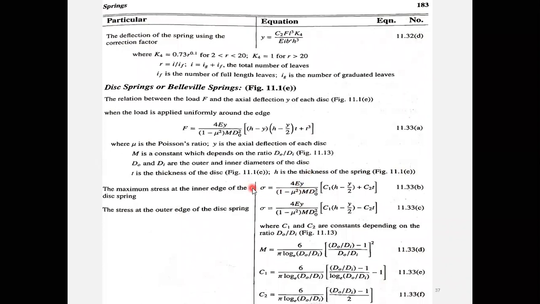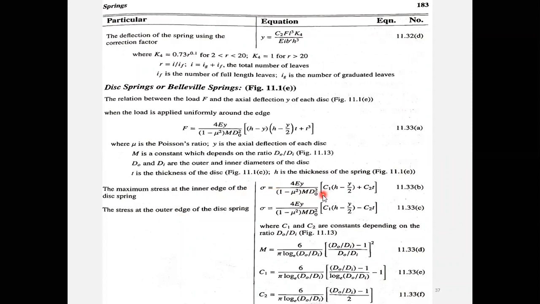When the load acts on a spring, stress will be induced in the disc spring. You need to calculate the stress induced in the spring, at the inner edge as well as the outer edge of the disc spring. By using equation 11.33b, we are going to find the maximum stress which will be acting on the inner edge of the disc spring.